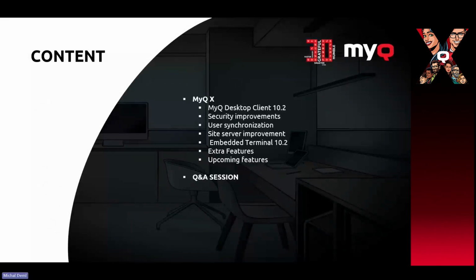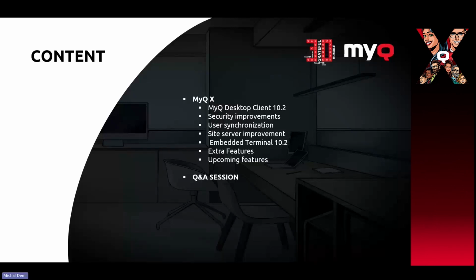First, we will start with the most important thing of the version 10.2, and that is the MyQ Desktop Client 10.2. I know some of you have not yet seen any of our marketing materials or introductions. You might think, why do we start with a desktop client? Because it sounds like some application intended for users, on a computer, something that should help in case of a failure, like a backup and stuff.